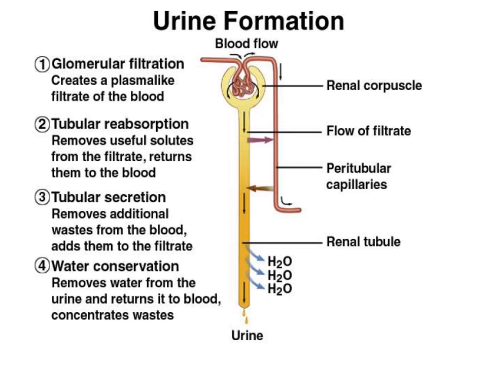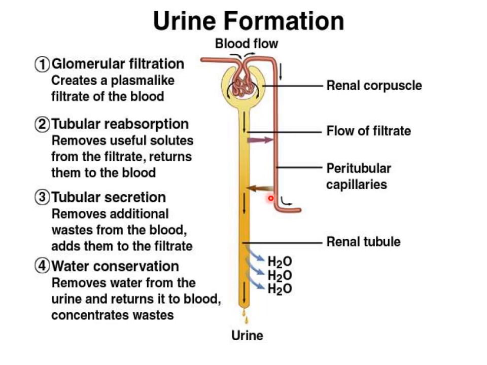These are the steps involved in urine formation. First and foremost, glomerular filtration happens in the glomerulus, which creates a plasma-like filtrate from the blood. Then there is tubular reabsorption, where necessary substances are reabsorbed by the kidney tubules. It removes solutes from the filtrate and returns them to the blood.